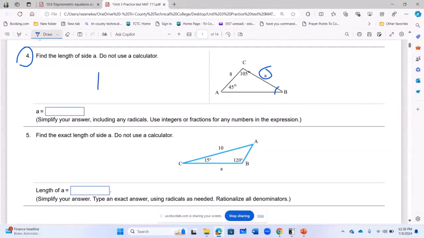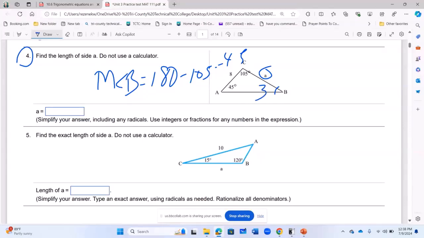So the measure of angle B is equal to 180 degrees minus 105 minus 45. 105 and 45 is 150, so this angle is 30 degrees. And then I'm told to find the length of side a.